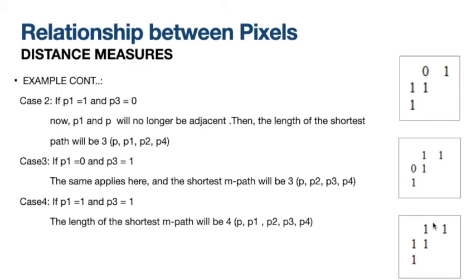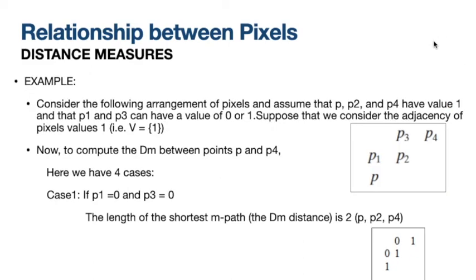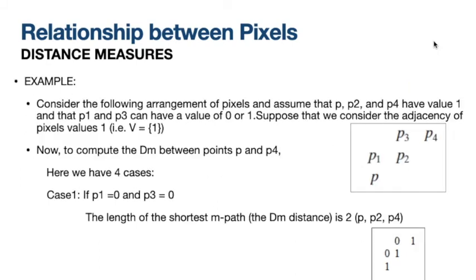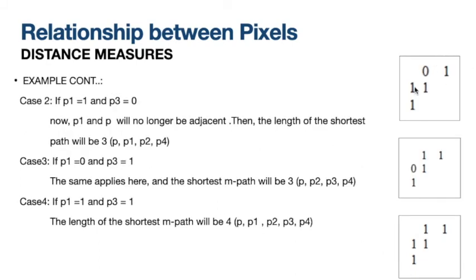Next case, P1 is equal to 1 and P3 is equal to 0. The pixels will be arranged like this.